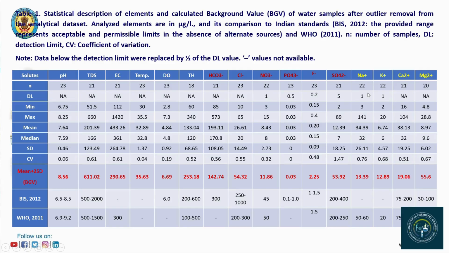So these numbers are given, 20, 21, 22, and DL is the detection limit. There are no detection limits for the physical parameters, and we have detection limits for nitrate, phosphate, fluoride, sulfate, and also sodium and potassium. Then we have the minimum, maximum, mean, median, standard deviation, and coefficient of variation.